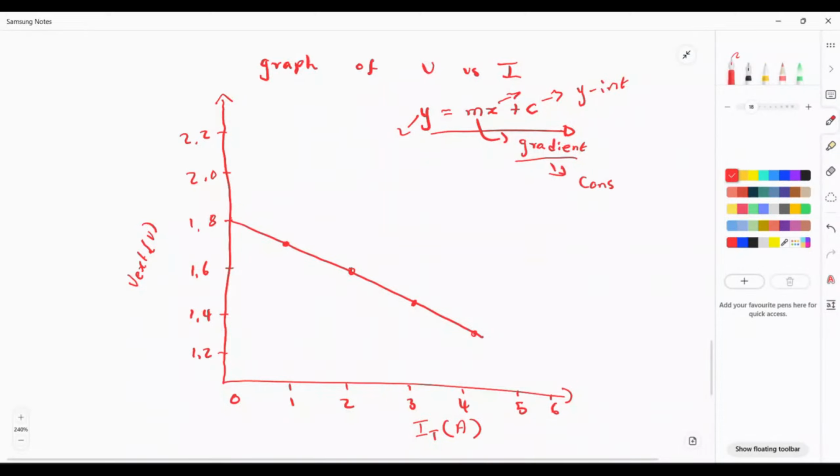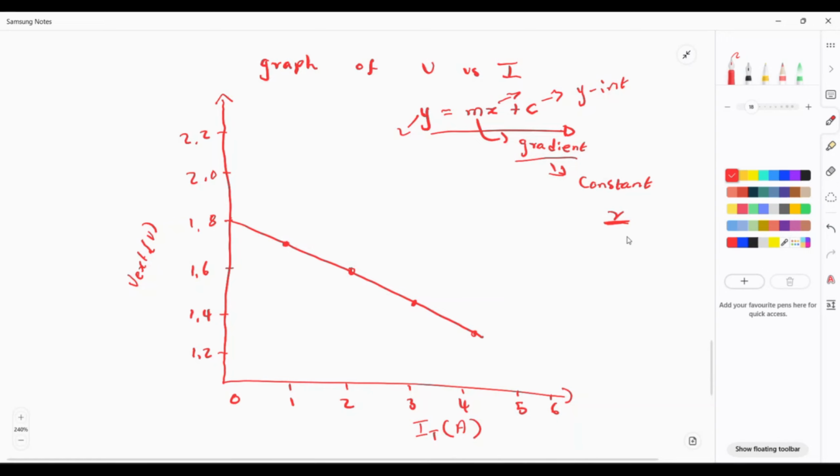So someone might already know that the gradient is going to be the internal resistance at some point, or someone might say it's going to be the EMF, because EMF is also a constant value. It is the maximum energy provided by the battery.